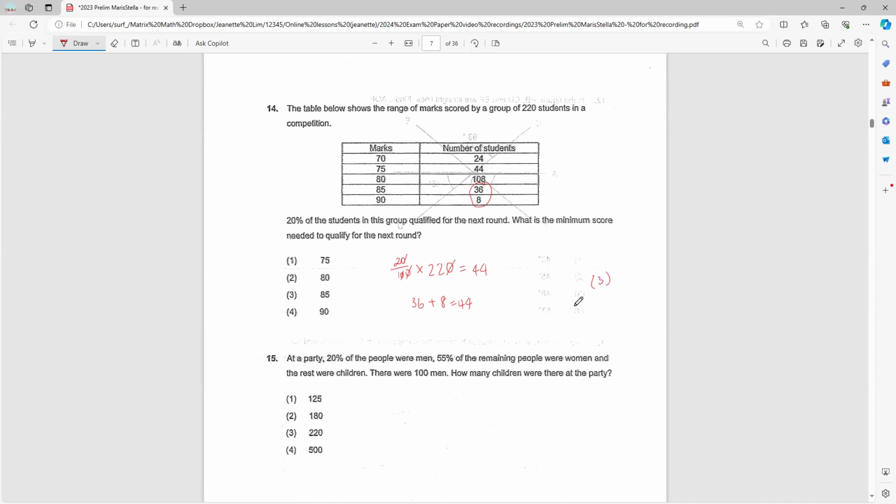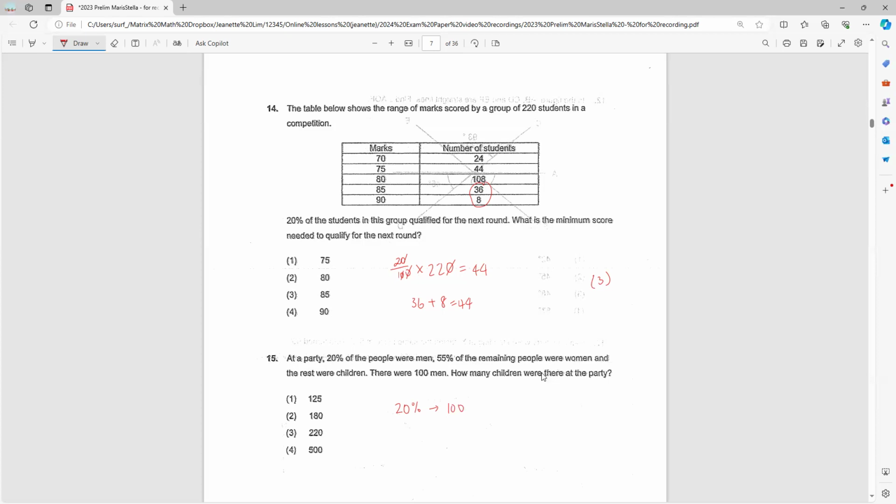Question 15. At a party, 20% of the people were men, 55% of the remaining were women, and the rest were children. There were 100 men. How many children were at the party? So 25% is 100.